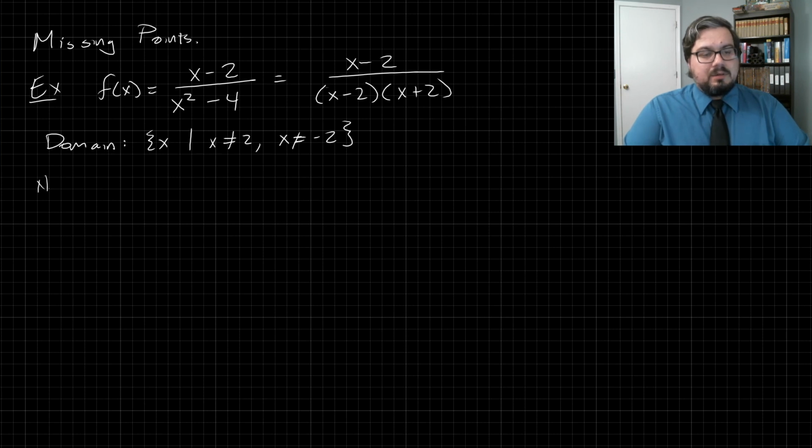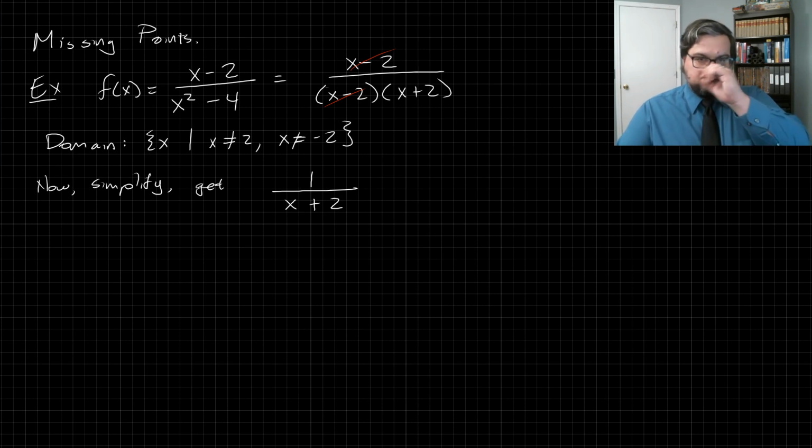So now we simplify, and if we cancel, we get 1 over (x plus 2). And now to determine the zeros of this function, the asymptotes, the intercepts, all these things, we use this simplified form.